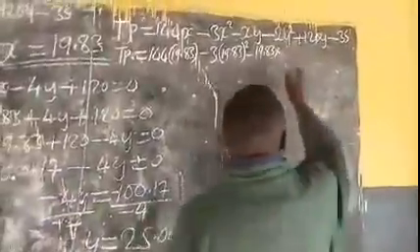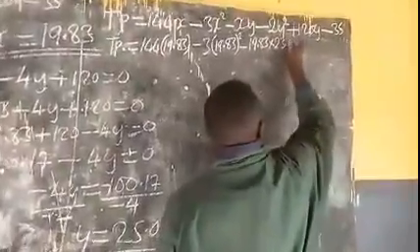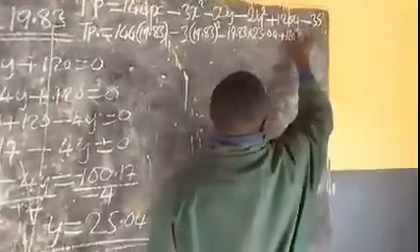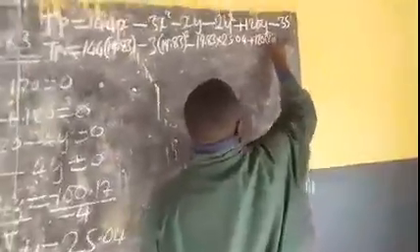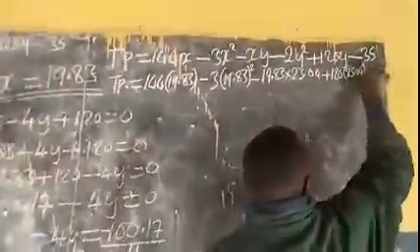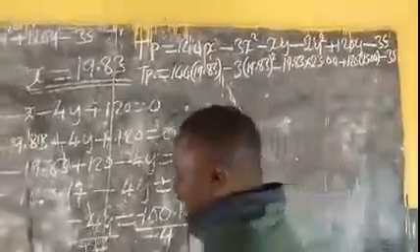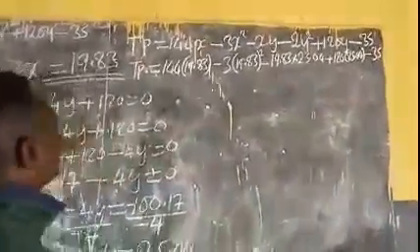Our y is 25.04 plus 120, our y is 25.04 minus 85. So let's go on our calculator and do the computation.